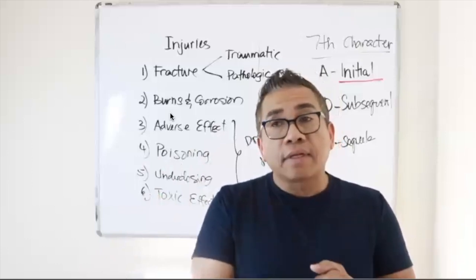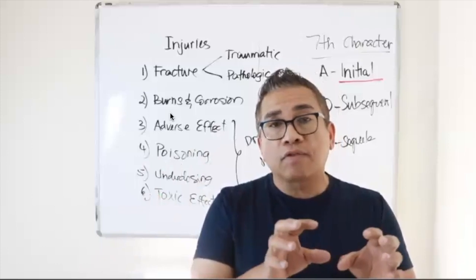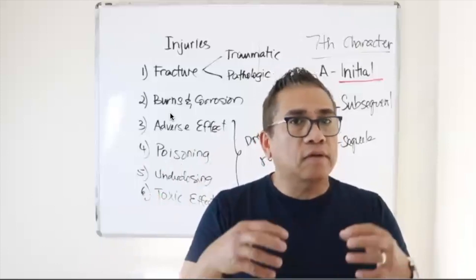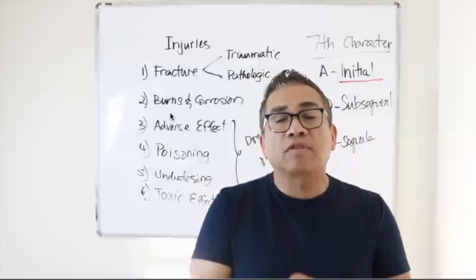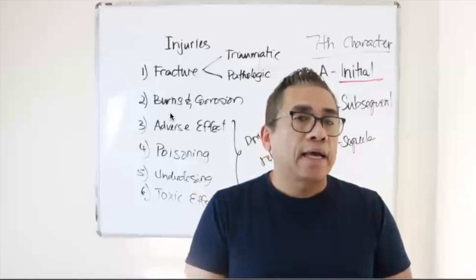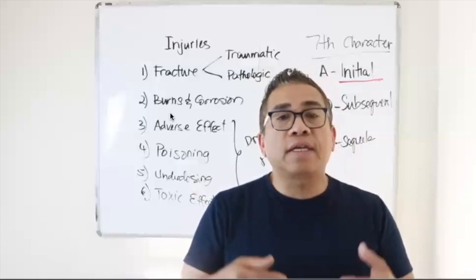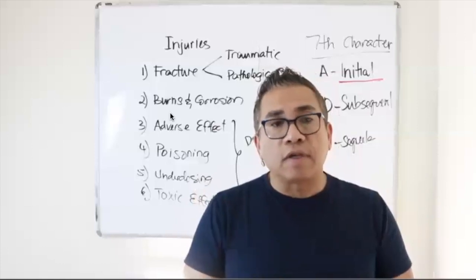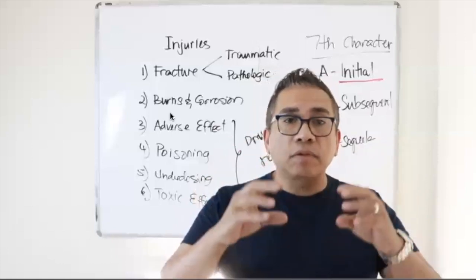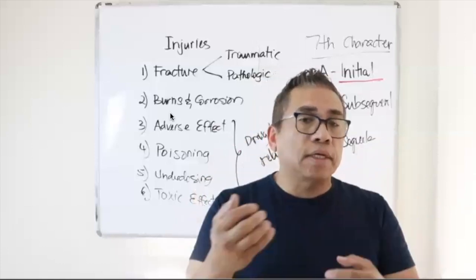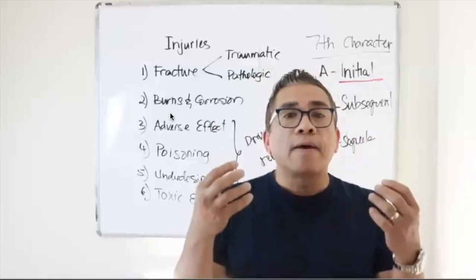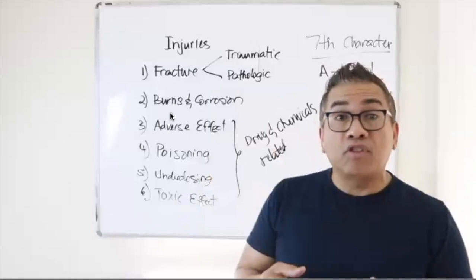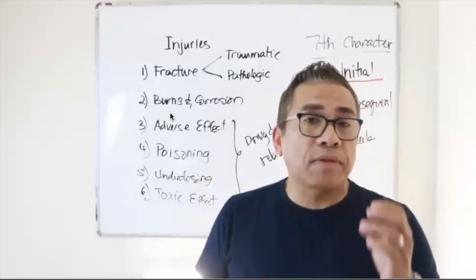So that is one of those situations when the bone's strength becomes compromised because of a pre-existing bone degenerative disease. So when the bone cracks or gets fractured because of an existing bone degenerative disease, that is what we call a pathologic fracture.